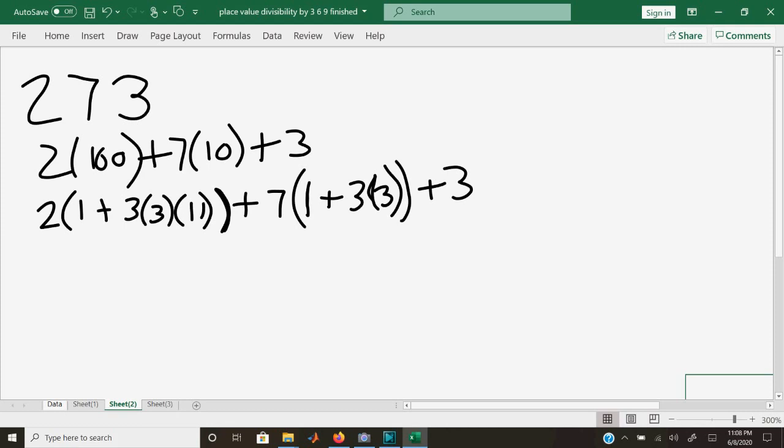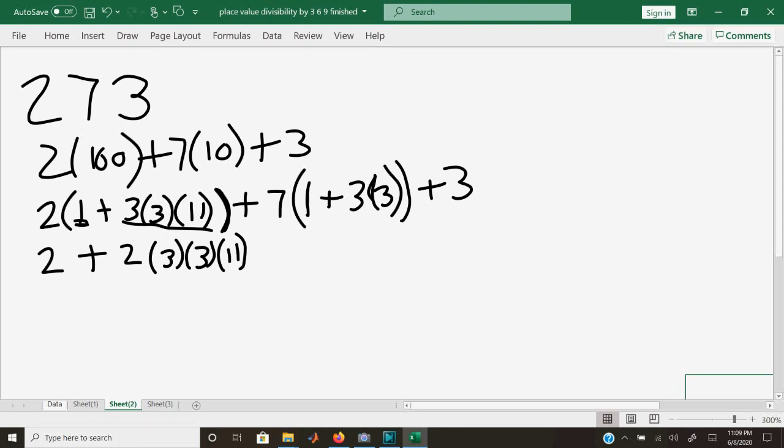So now I distribute. 2 times 1 is 2. So I multiply the 2 times the 1. And I'm going to multiply 2 times 3 times 3 times 11 using the distributive property, knowing that if I don't want to do my parentheses first, I can multiply first.